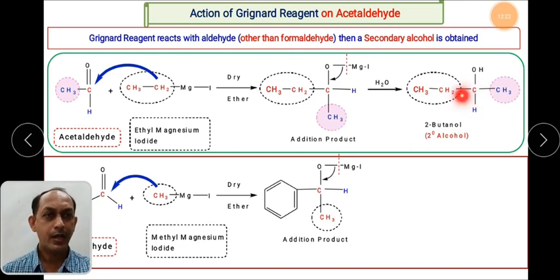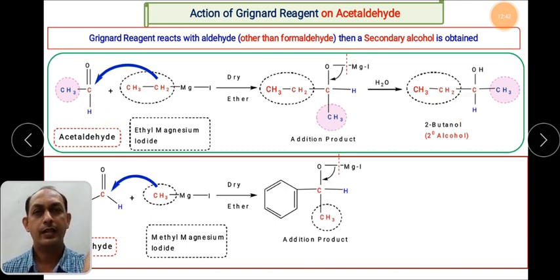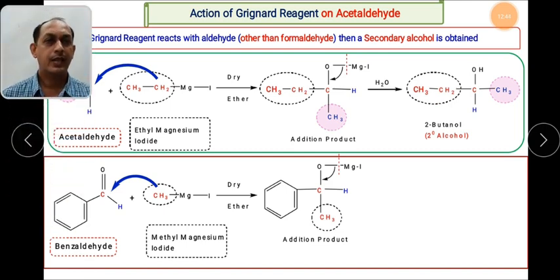So can you identify the type of this alcohol? This is a secondary alcohol. So in the case of a secondary alcohol, one group must come from acetaldehyde, one alkyl group must come from the Grignard reagent, and this particular hydrogen is this one. So this is how we can get the secondary alcohol.